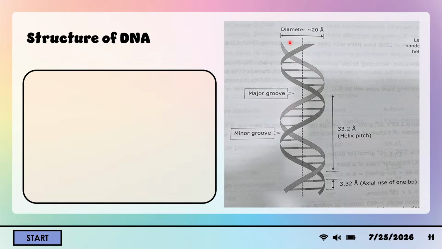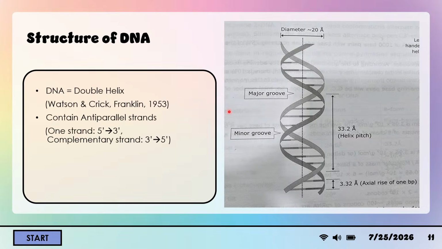I just want you to have a look at this particular structure of DNA. Sharing some facts with you, DNA is a double helix, and the original discovery was made by Watson and Crick using the X-ray crystallography image, which was originally derived by Rosalind Franklin in 1953.